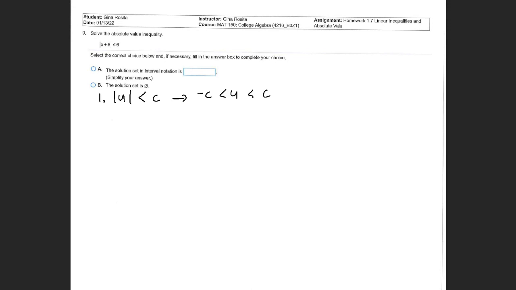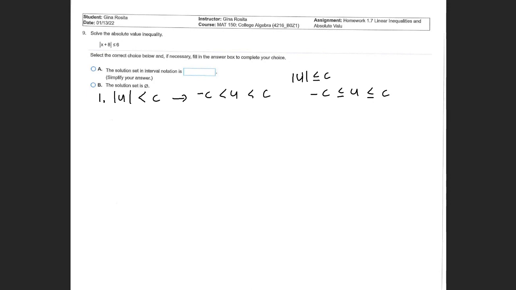The rule is valid if less than is replaced by less than or equal to, so negative c less than or equal to u less than or equal to c.